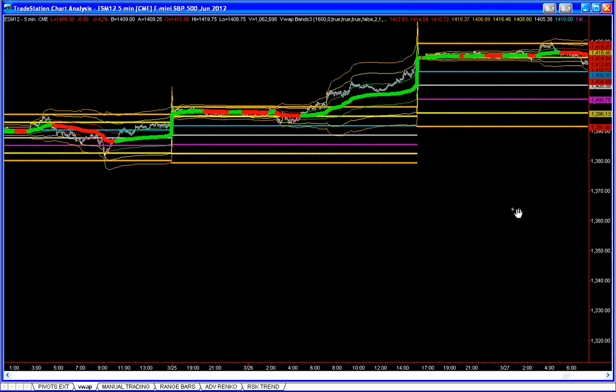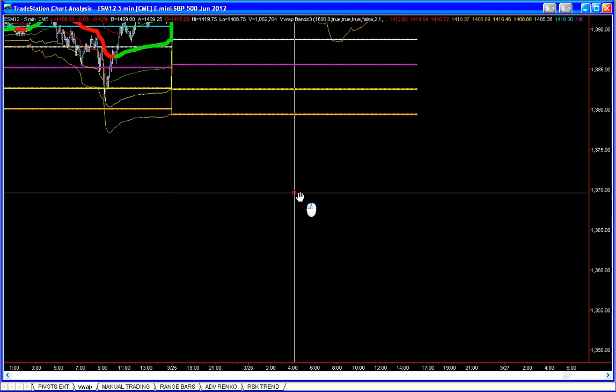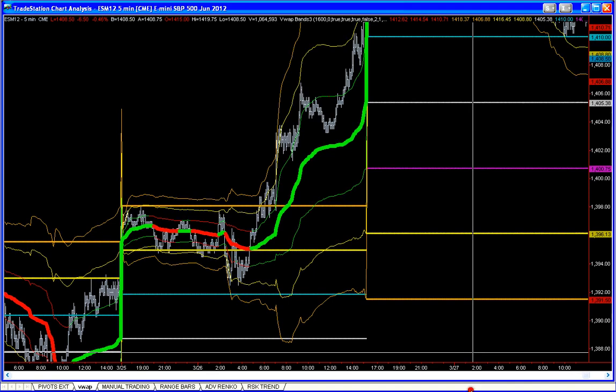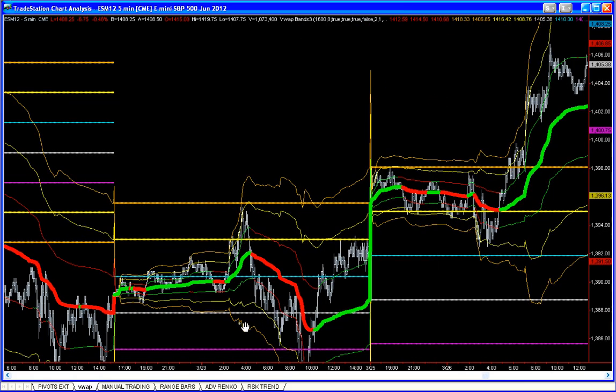If you go back in history, you will find that the VWAP, even though the market may continue to move, stays below the third standard deviation on a rally and below the third standard deviation on a sell-off. It doesn't usually move that much. Red days, of course, you have to be careful.